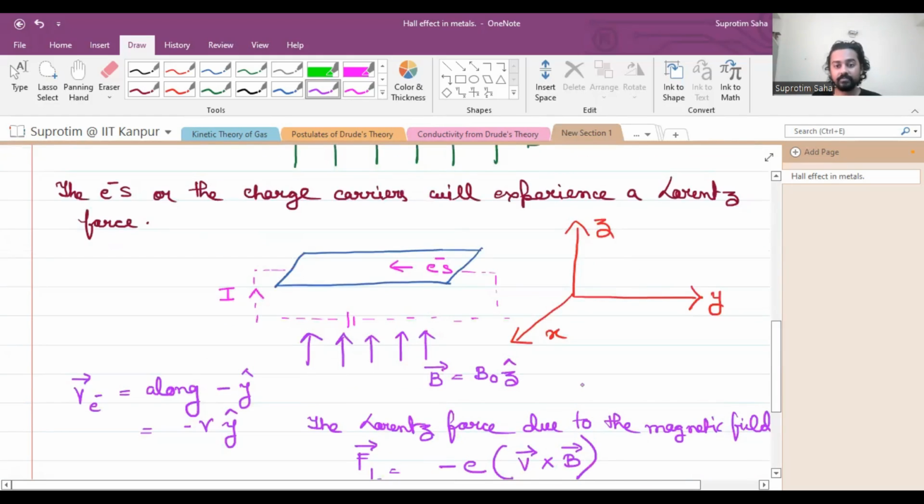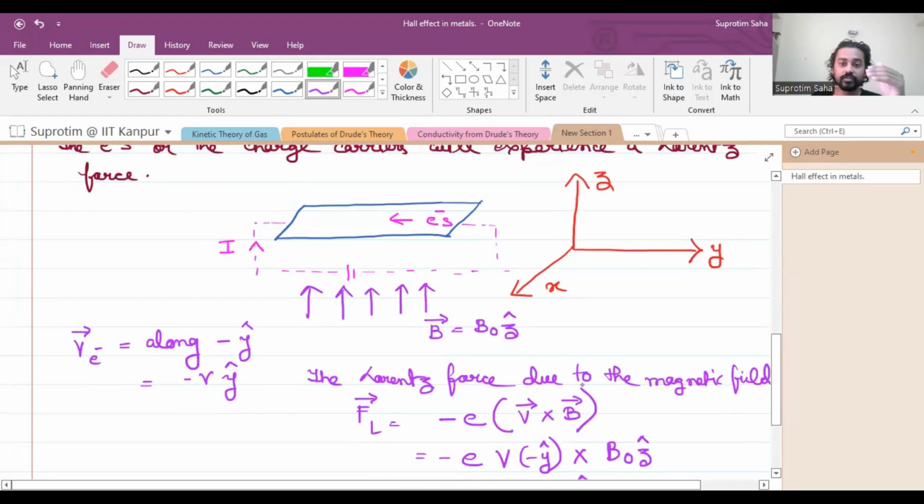So what's happening because of this Lorentz force? The charge carriers which were moving along the minus y direction are feeling a force along the positive x direction. So there's a drift in the positive x direction, along this direction.